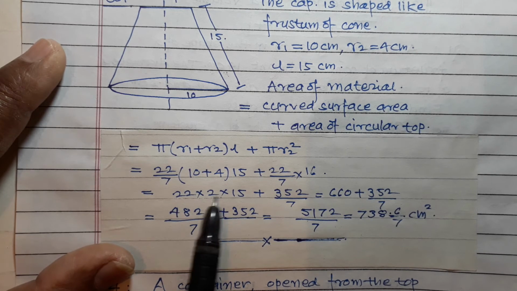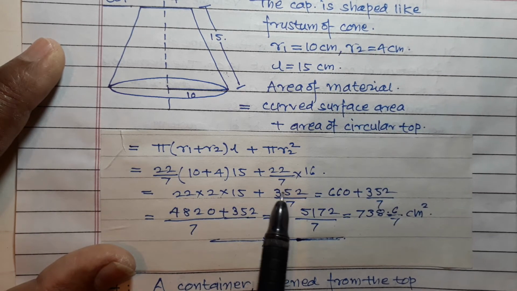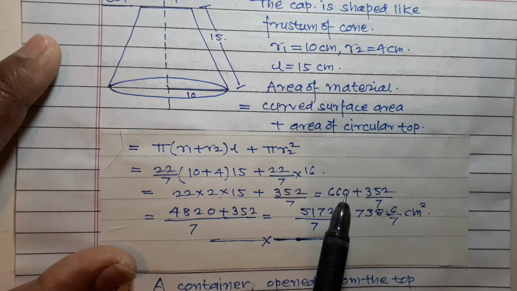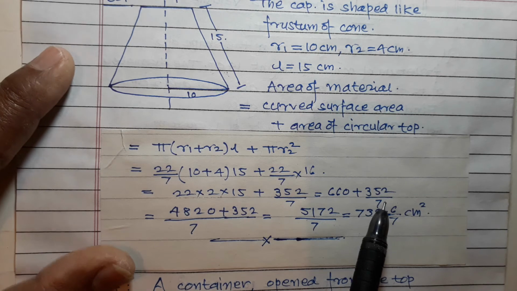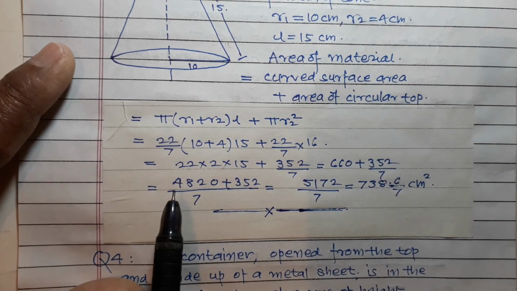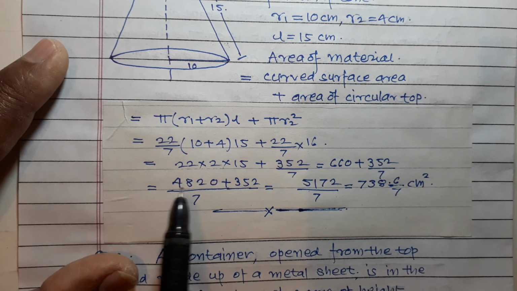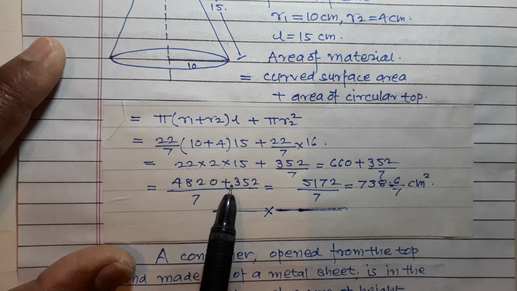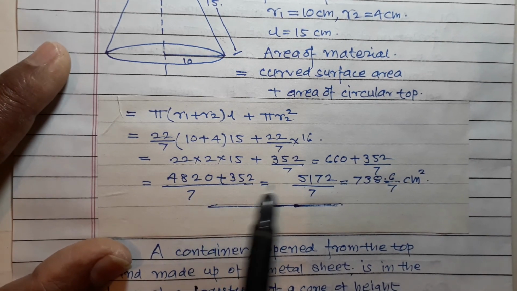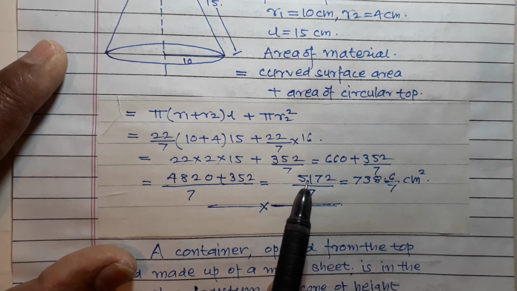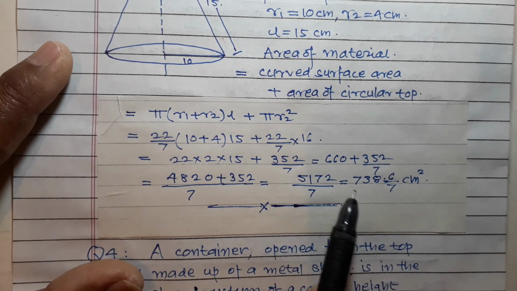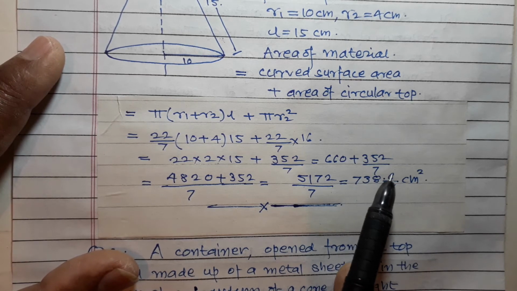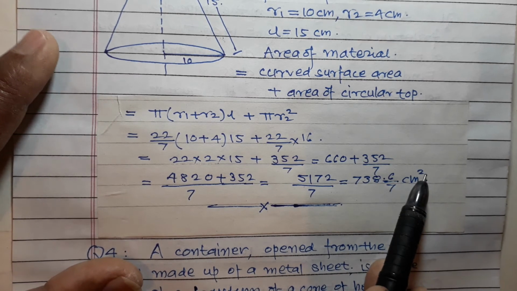So 22 into 2 into 15 plus 352 upon 7 is equal to 660 plus 352 upon 7, and if you add this, you will get 4620 plus 352 upon 7 is equal to 4972 upon 7 cm square.